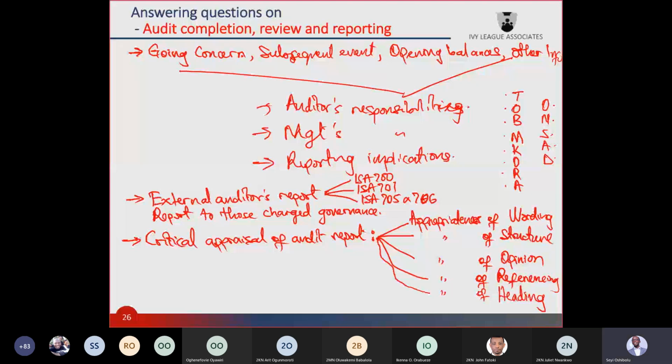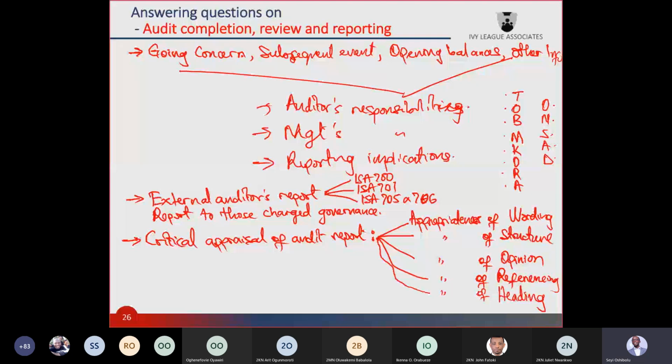Heading. What is this talking about? Titles of the various paragraphs in an audit report are important. Now, listen to this and listen very well. What did I say are important? The title that you use for the heading of various paragraphs. You can't just write it anyhow.